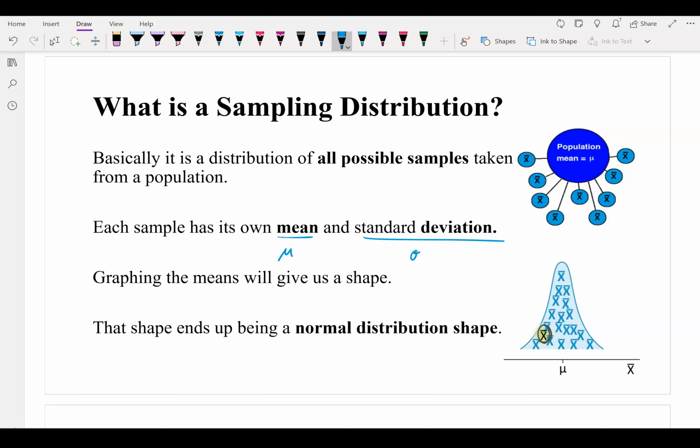The interesting thing about taking samples is that if you take enough samples, the shape will end up being a normal distribution. It doesn't matter if your fish are all crazy lengths. You could have a weird population of fish, but when you sample them, the shape you're going to get is actually going to be a normal distribution curve. This is called the central limit theorem.